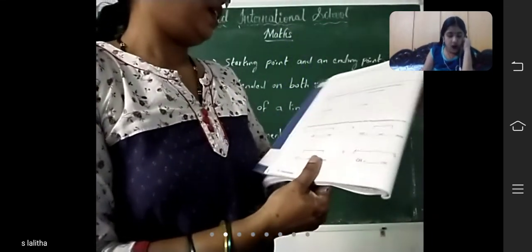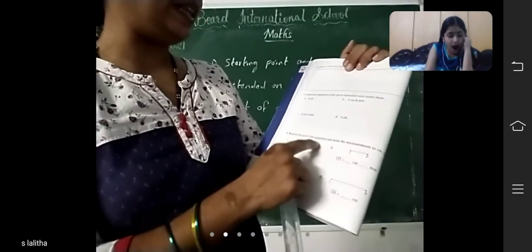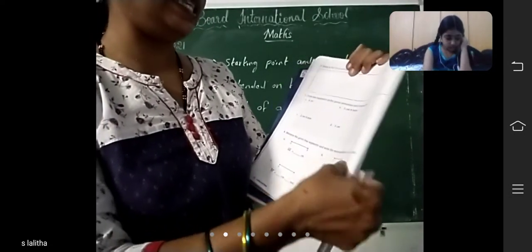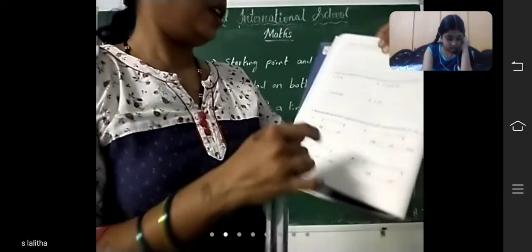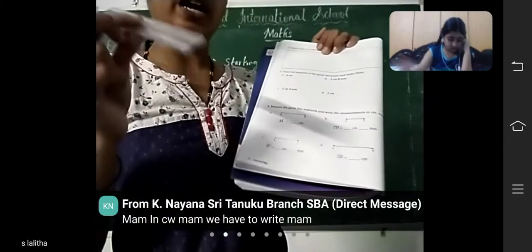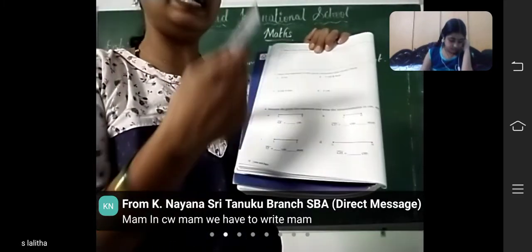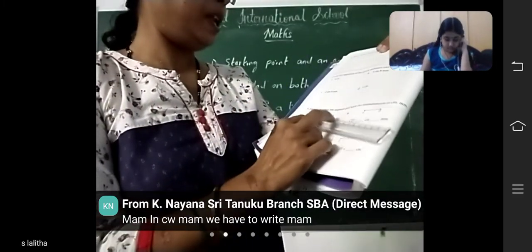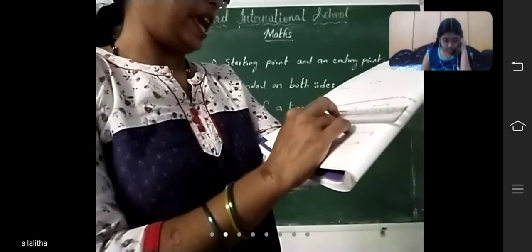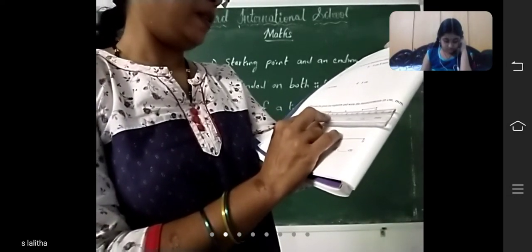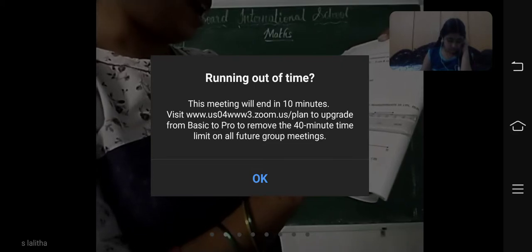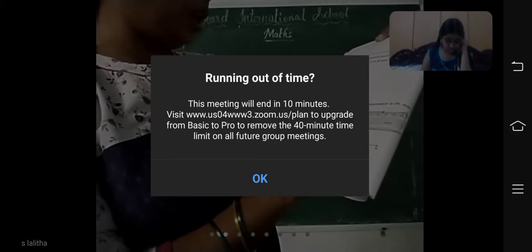Next, measure the given line segment and write the measurement in centimeters and millimeters. Here the line segments are already given. You can take the ruler and measure the line segment. Keep 0 on A, and check where B coincides on the ruler.